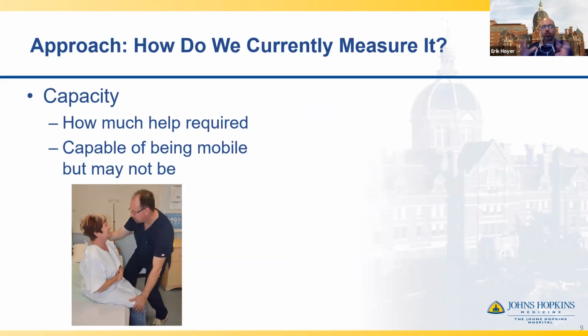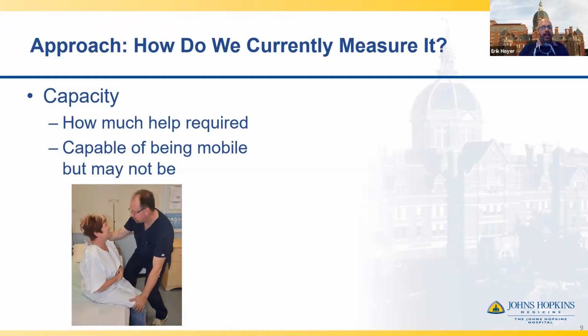But just from a global perspective of what we're trying to measure for all patients in the hospital setting, we think about two concepts, and we think that really provides an important signal in terms of understanding patients' overall function and their activities. The first concept is capacity, and that's how much help does the patient require to do a particular task? Are they independent doing a task? Do they need the assistance of two people to do a task?